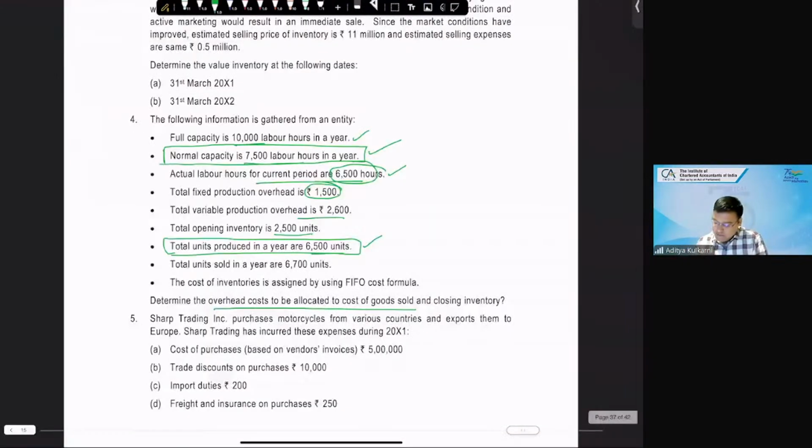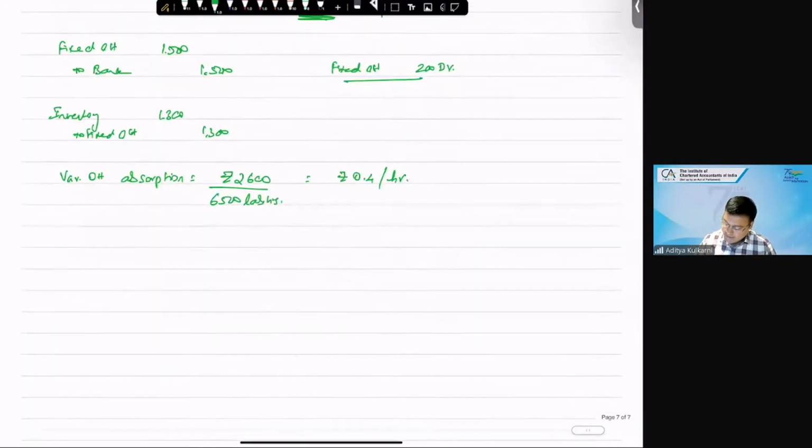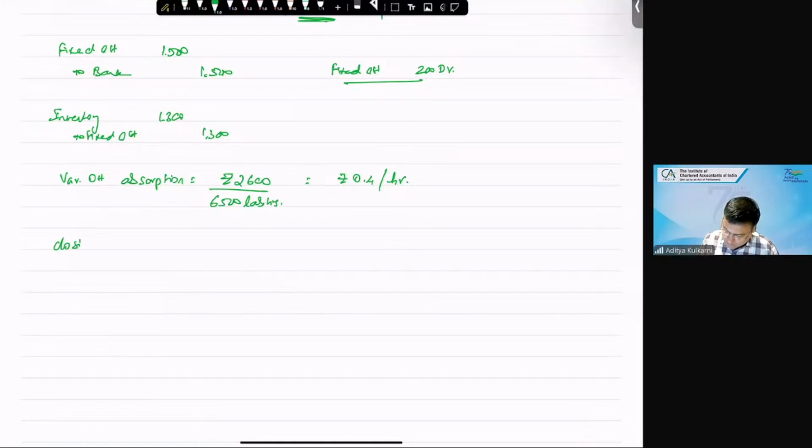Yes. Now, what is your opening stock? Total units sold is 6,700. Opening is 2,500. And manufactured is 6,500. So your closing inventory equals opening of 2,500, manufactured 6,500, sold is 6,700.